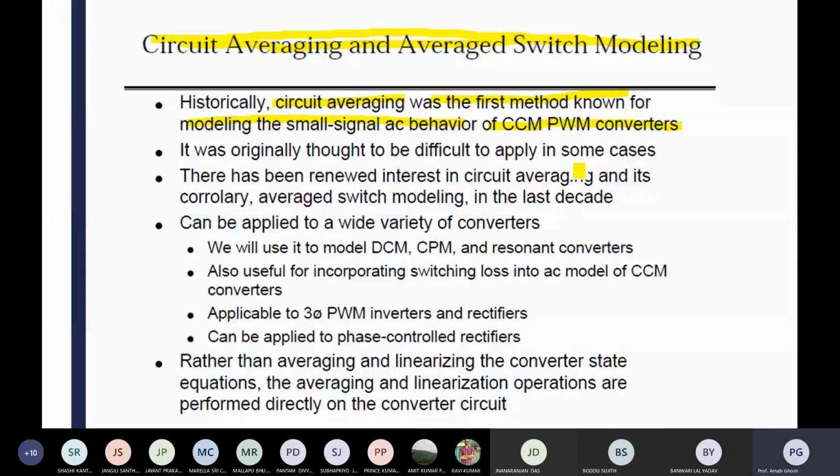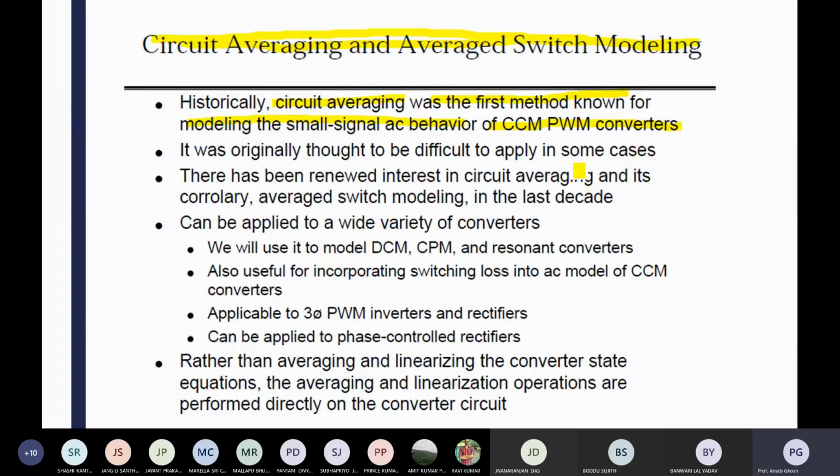Different corollaries are there. So you can use other methods based on the conventional state space averaging method that can give you simplified calculations, not modified, simplified calculations. That method you can also follow sometimes.